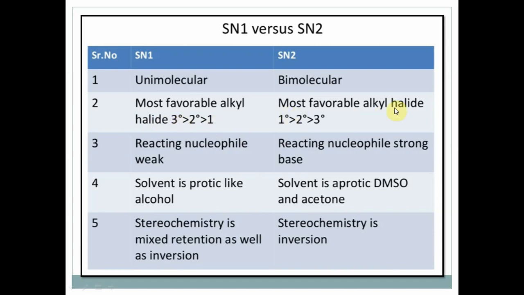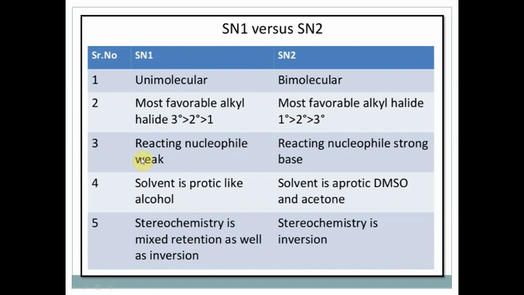While for alkyl halide in SN2 reaction, 1 degree is favorable because backside attack is taking place here, and 2 degree will be slow. Why? Because there will be crowding. With 3 degree there will be more crowding, more steric hindrance, so the reaction rate will be slow. Nucleophile will attack slower as compared to primary alkyl halide.